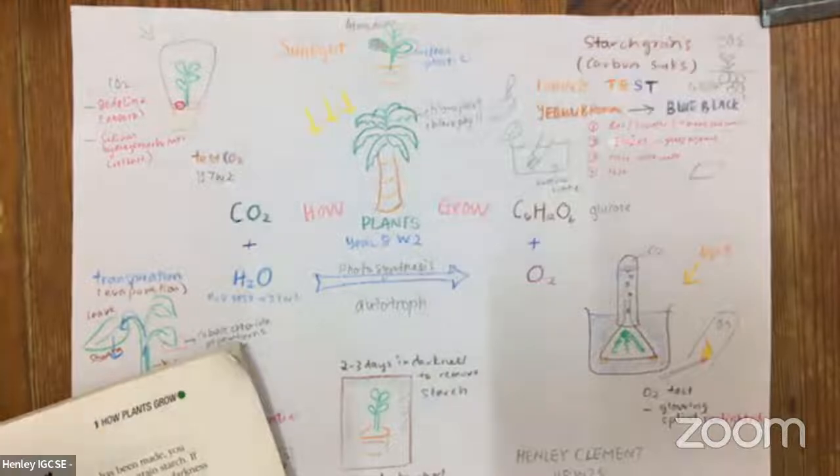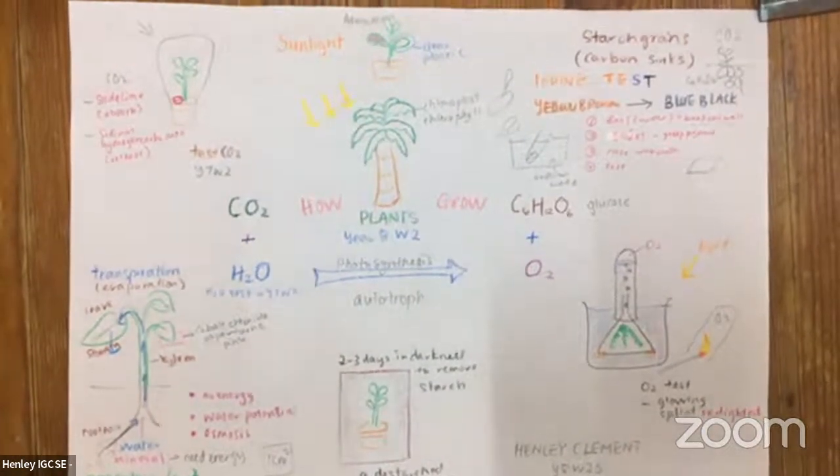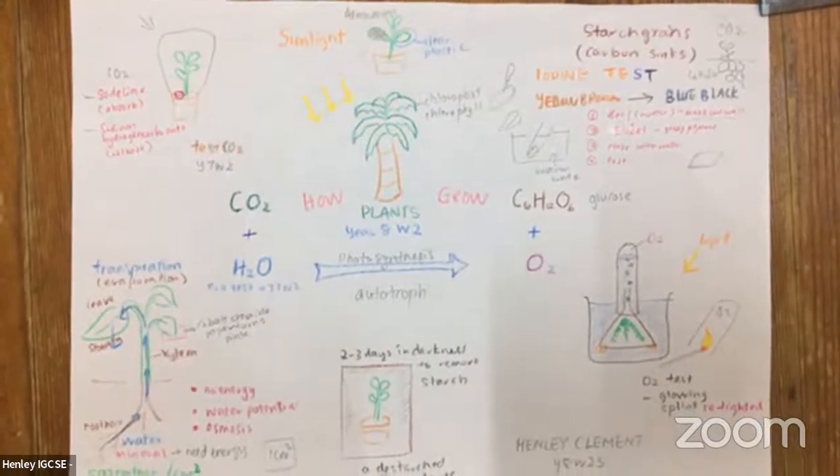The green pigment helps us turn the light energy into the energy that we can consume, which is the starch.